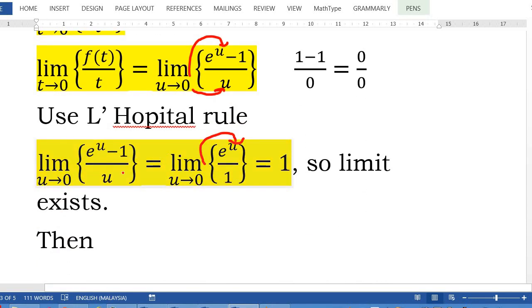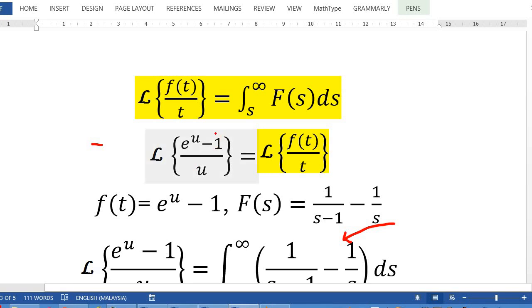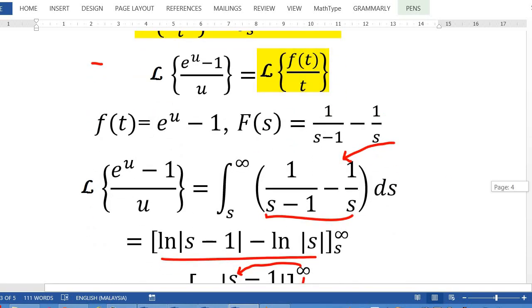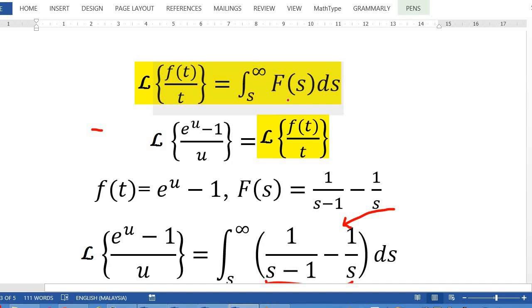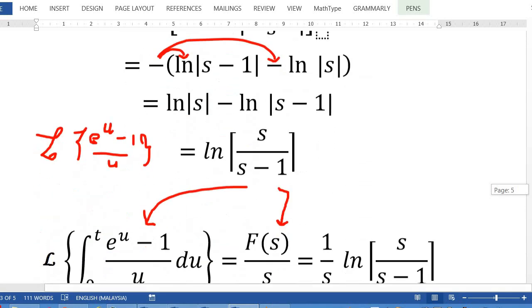In here, you have proof that the limit exists, and then to find the Laplace transform for e to the u minus 1 over u, identify that the numerator is actually your f(t). So you transform it, you get F(s), and then you integrate your F(s) ds from s to infinity. This is what you have done just now.